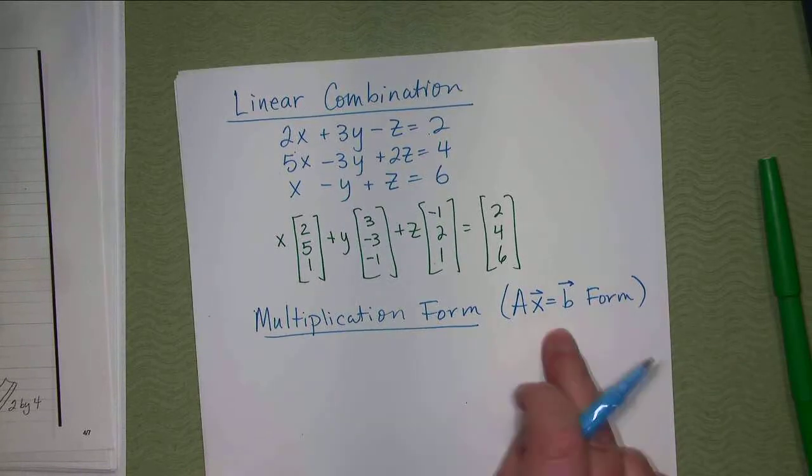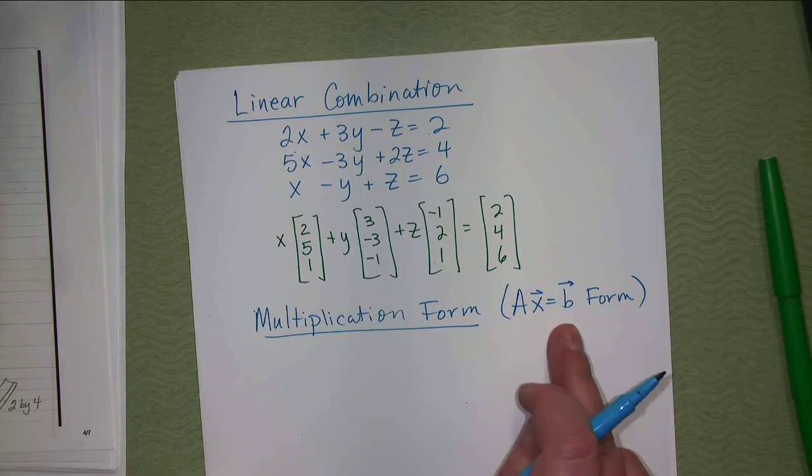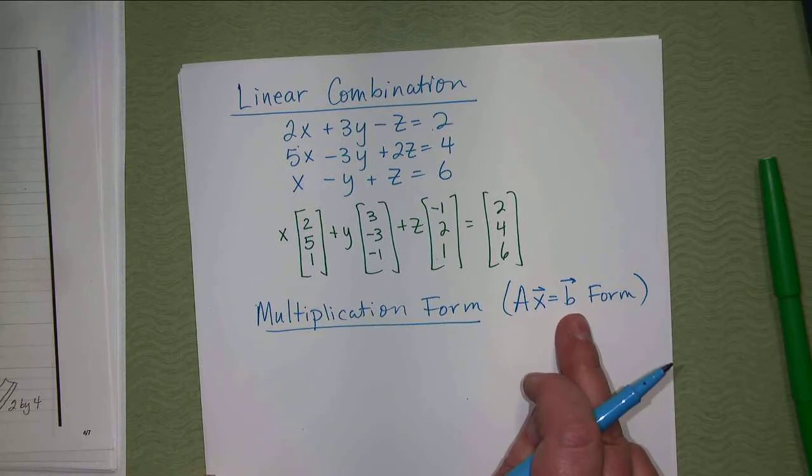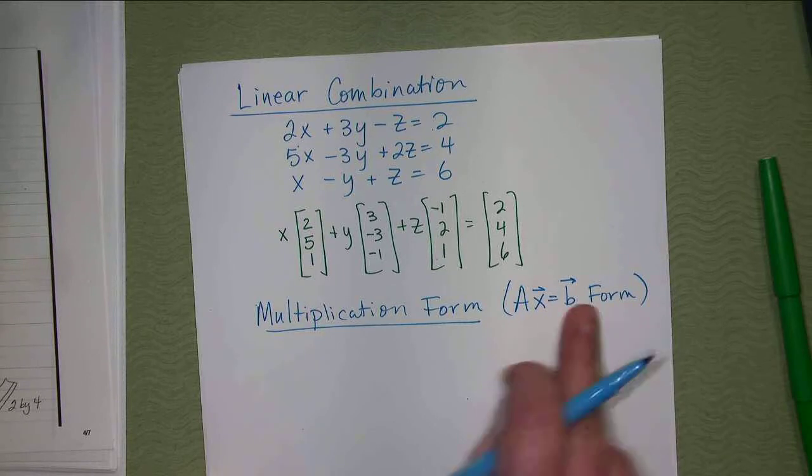And usually you'll see a question, for instance, say, write the system in AX equals B form. So we often just call it AX equals B form, not multiplication form.